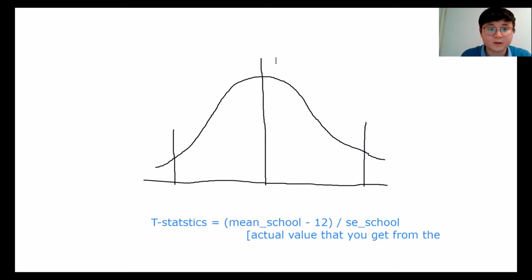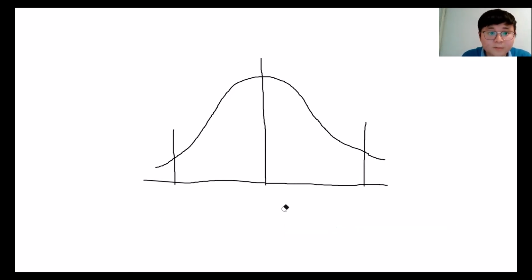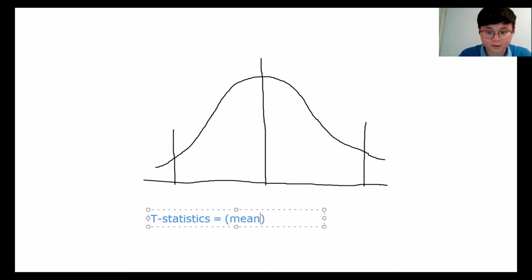T-statistics equals mean school minus 12 divided by SE schooling.